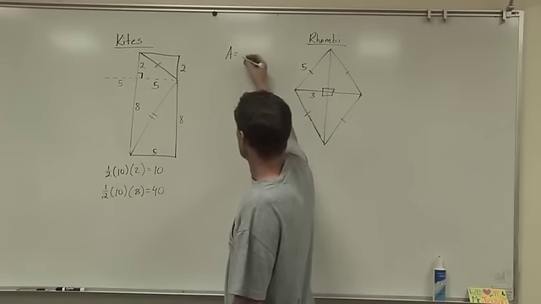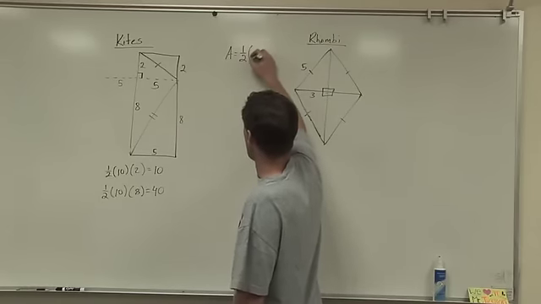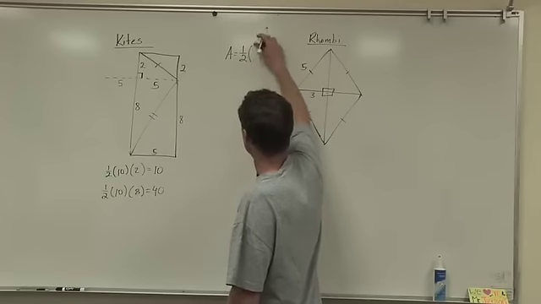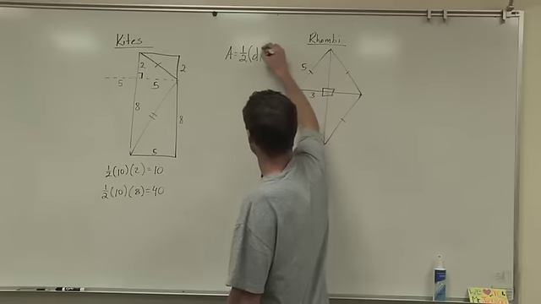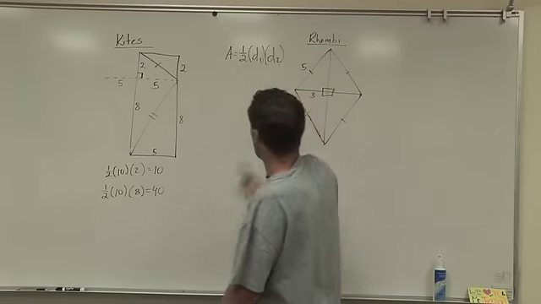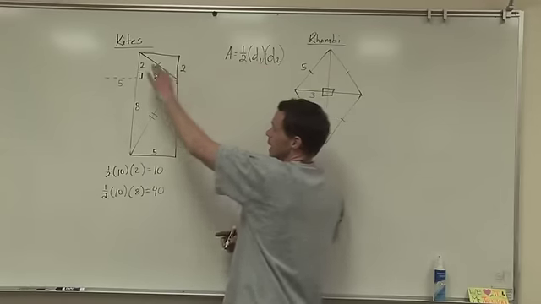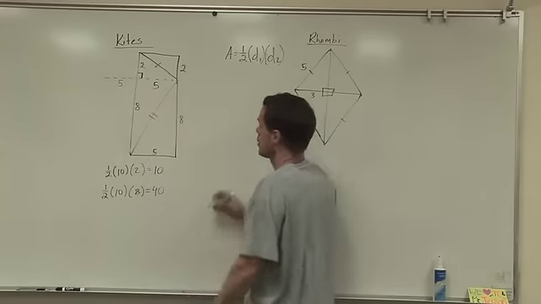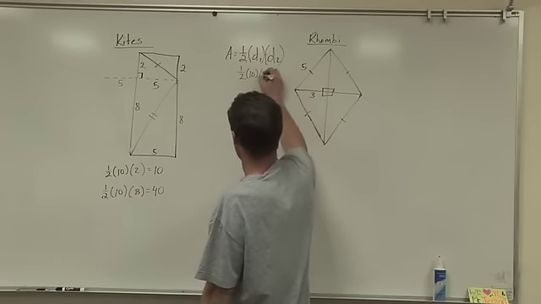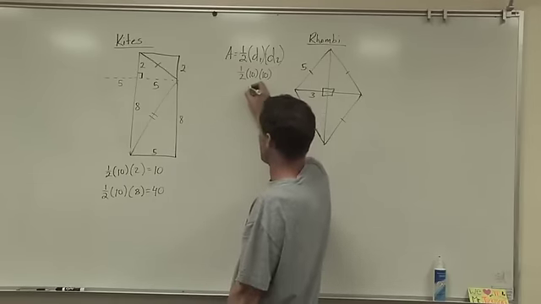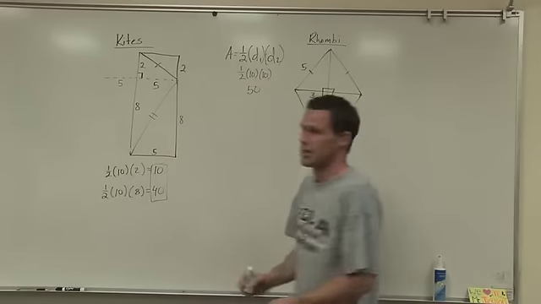So what ends up happening is the area formula is 1/2 of diagonal number 1 times diagonal number 2. I take 1/2 of 10 which is 5, and I take the other 10. So the diagonals in this case were 1/2, 10 times 10. 1/2 of 100 is 50, which is what we got by adding those parts up.